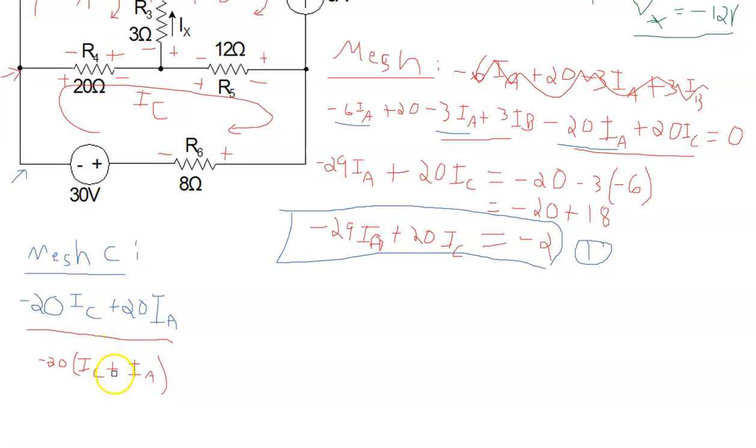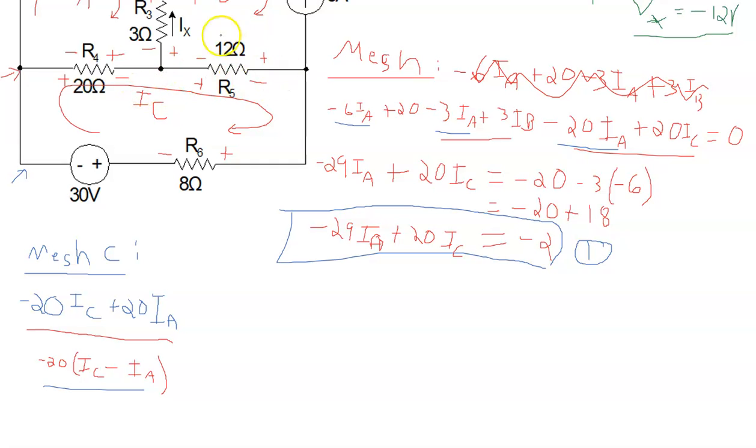I'll use two terms, because I make fewer mistakes. It's a negative sign because IC and IA go through there in different directions, so it's the difference between them. So we have negative 20 times IC, and negative 20 times negative IA is plus 20 times IA. A lot of people write it like this. Add those two terms for the shared resistors.